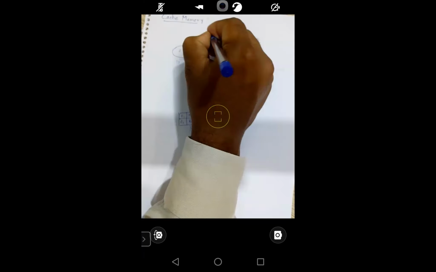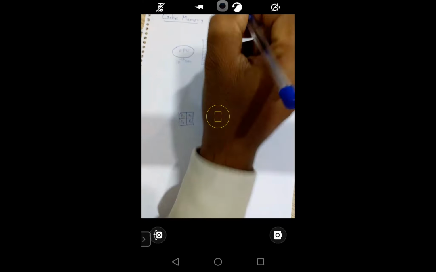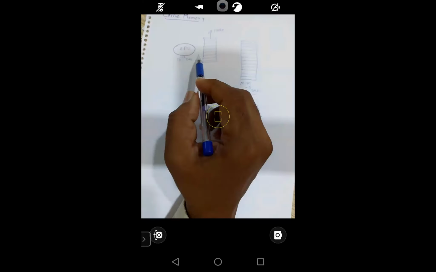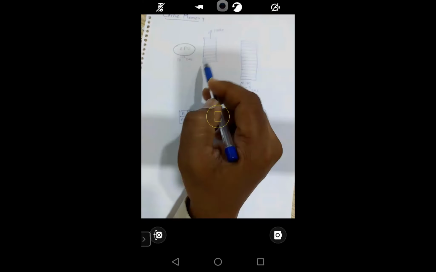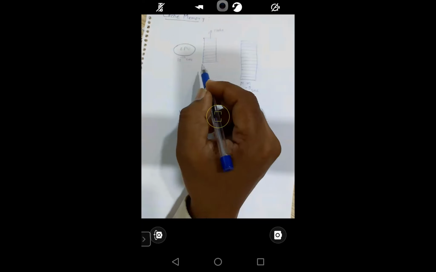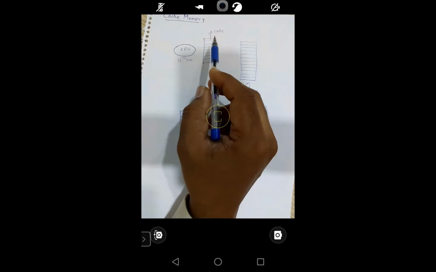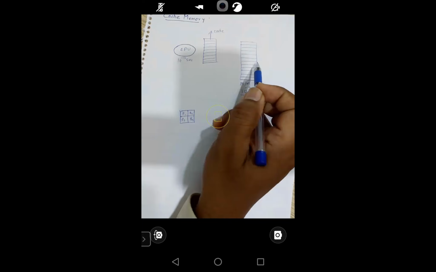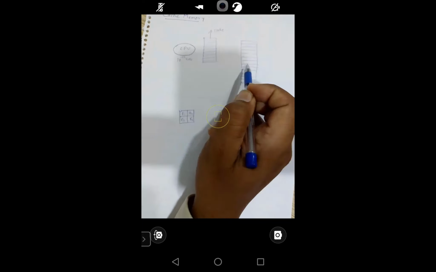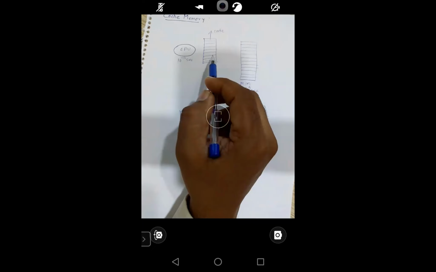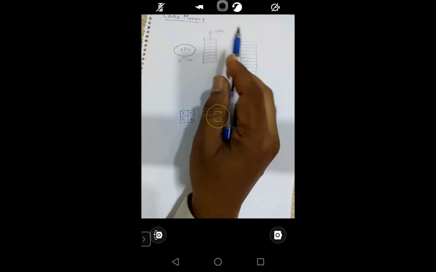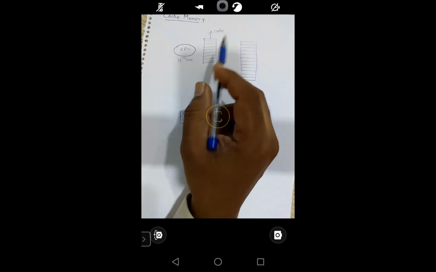We have seen how the cache memory is made, like we have seen the SRAM. In SRAM, whatever technique we have seen, that is used in cache memory, and DRAM is used in main memory. Obviously, in SRAM we have seen multiple components are required, like 6 transistors.